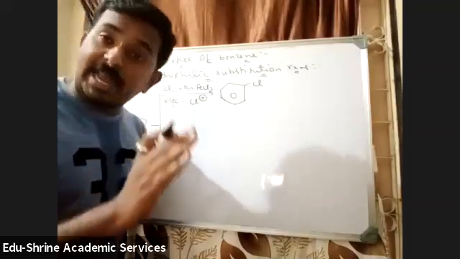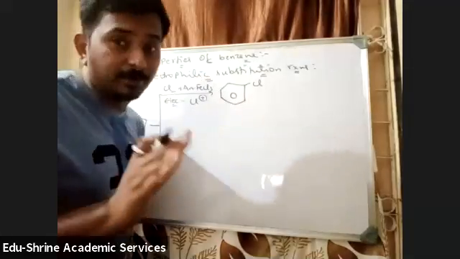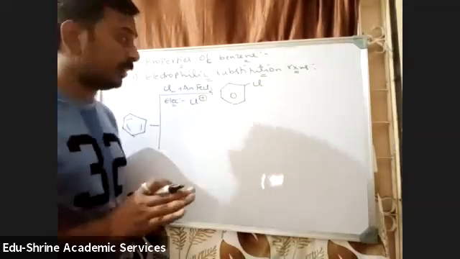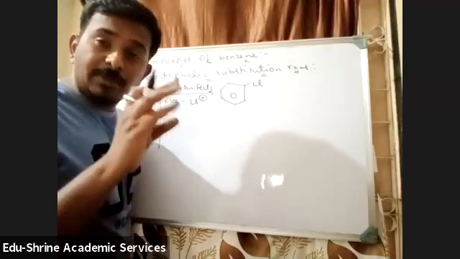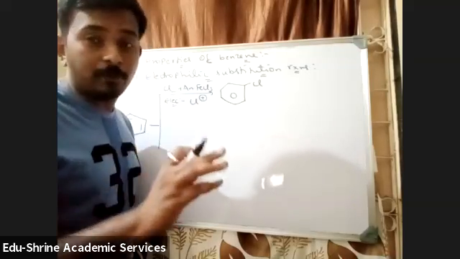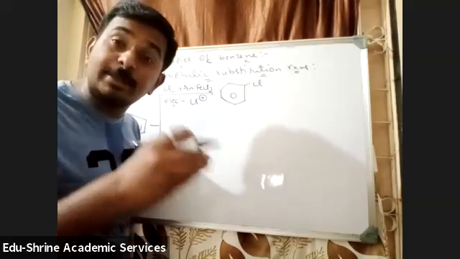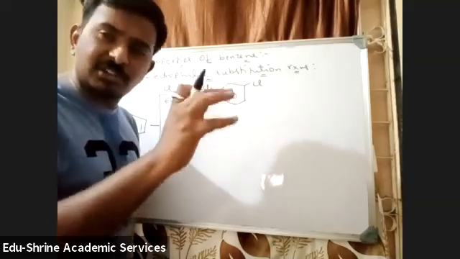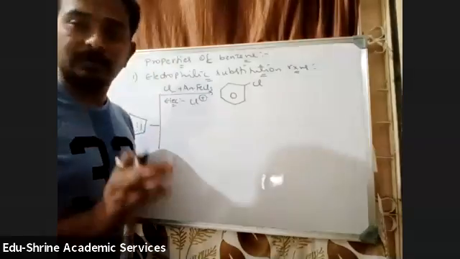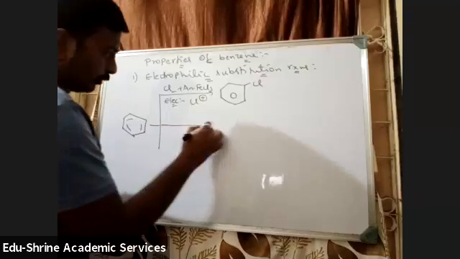Please go through the mechanism of electrophilic substitution, students, from your first year theory notes, because questions will be asked on the mechanism also. In the mechanism you will get the arenium ion, which is also called the sigma complex. Try to remember the name, and observe the structure of that arenium ion. That is important.